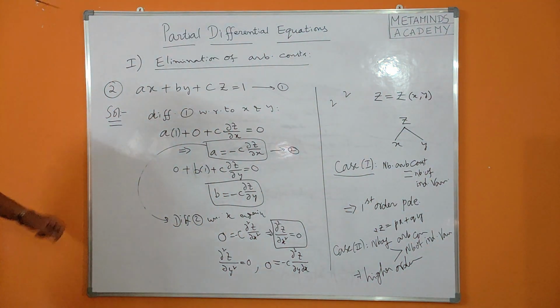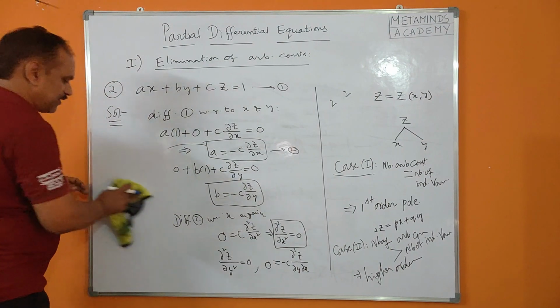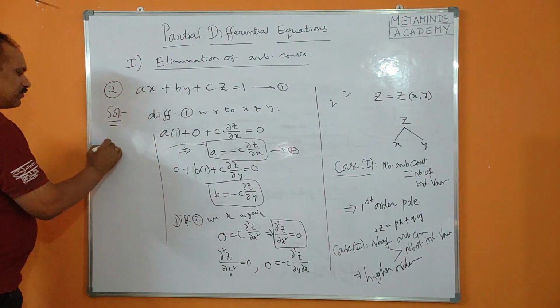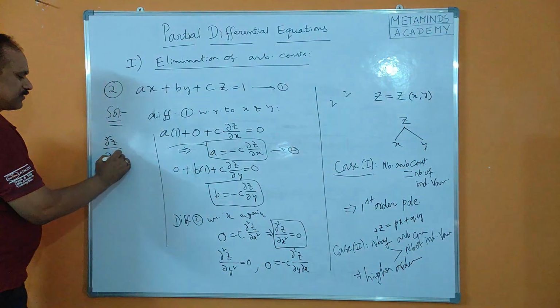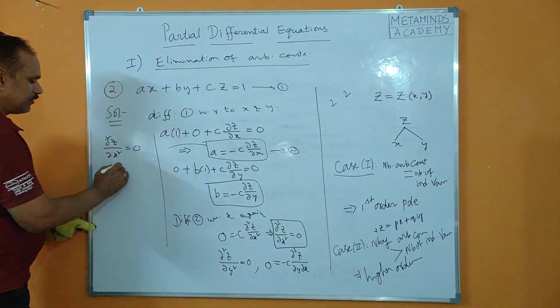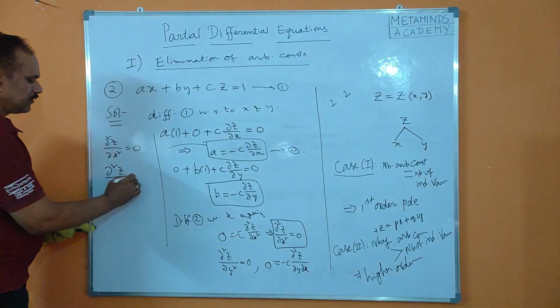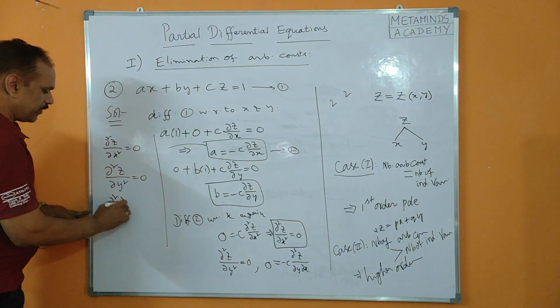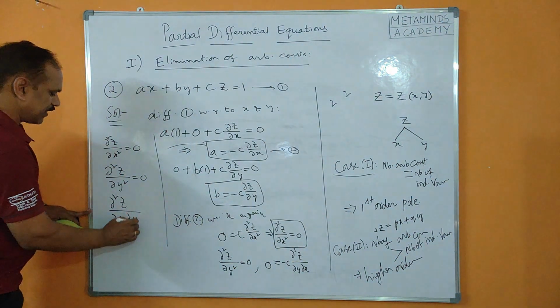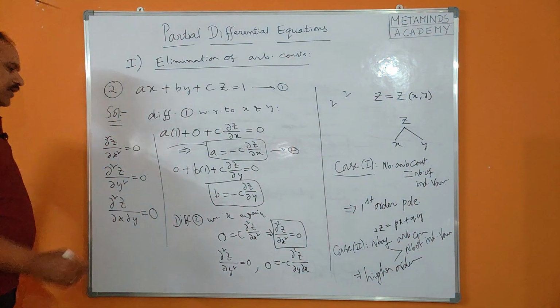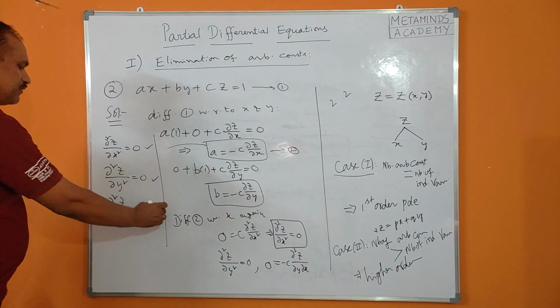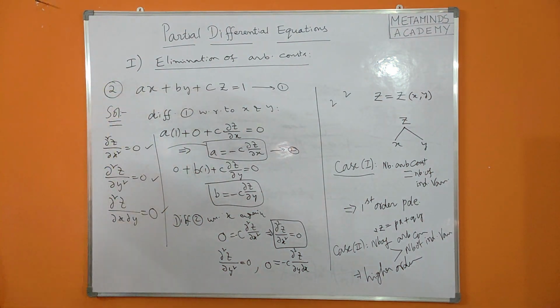You have obtained three solutions in this equation: dou square z by dou x square equal to 0, dou square z by dou y square equal to 0, dou square z by dou x dou y equal to 0. Any of these equations is a solution of the given problem. Okay.